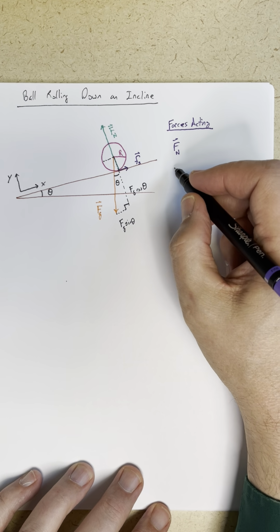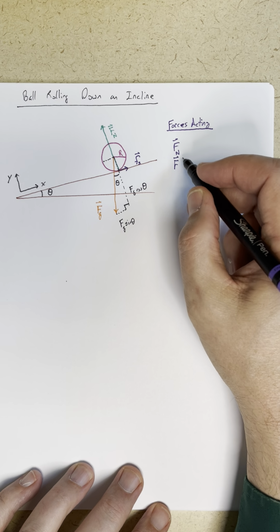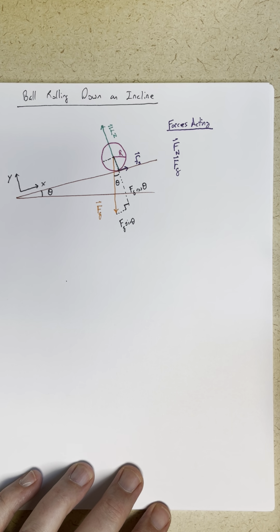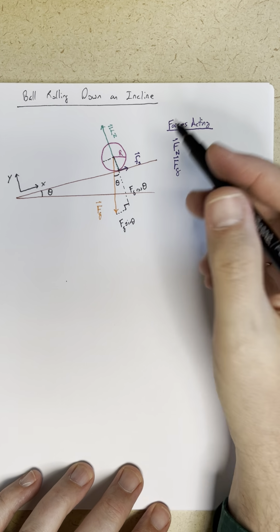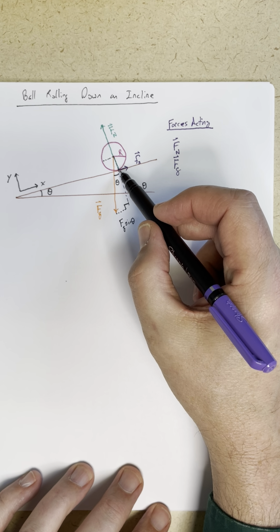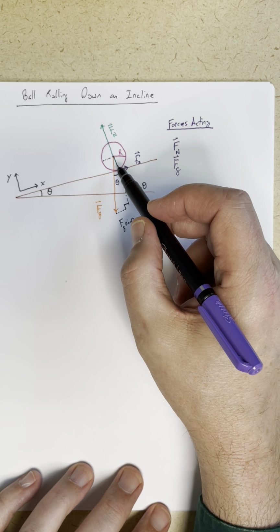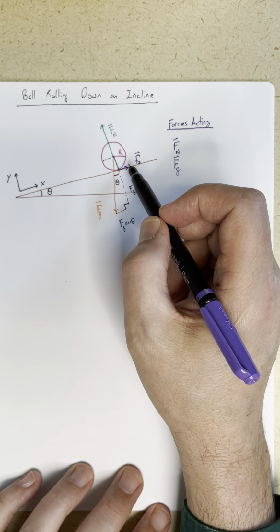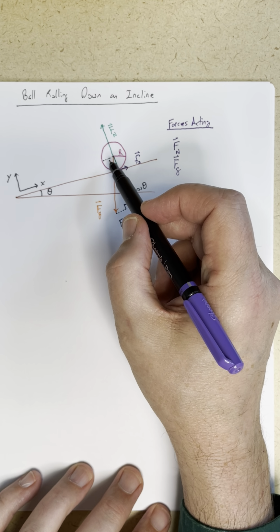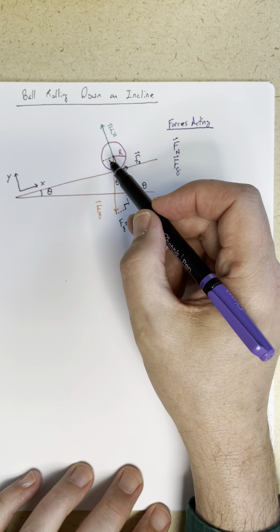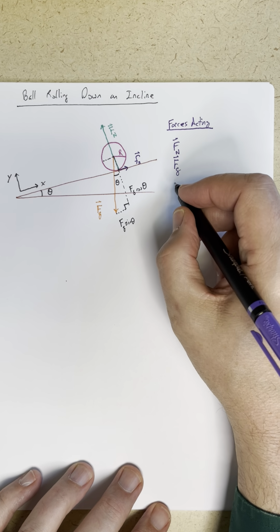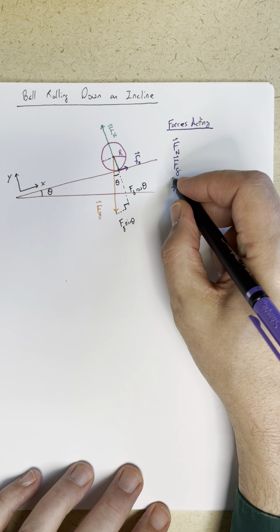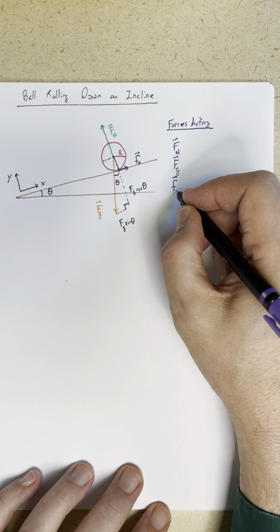The ball has some mass, so I know there has to be a force of gravity acting on the ball, so there's the weight of the ball. And the ball is going to roll, it's not sliding. So there's a force of static friction at the point of contact between the ball and the inclined plane that is going to prevent this component of the weight, the part that's parallel to the inclined plane, from making the ball just slide down the incline.